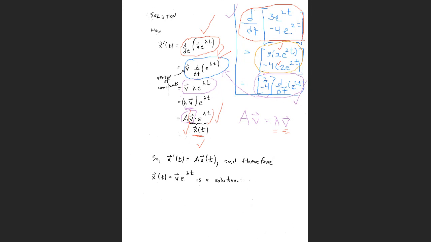So now we know how to find a solution, and it involves eigenvectors and eigenvalues. Oh my gosh, here we see it again. Eigenvalues and eigenvectors must be pretty important, right?